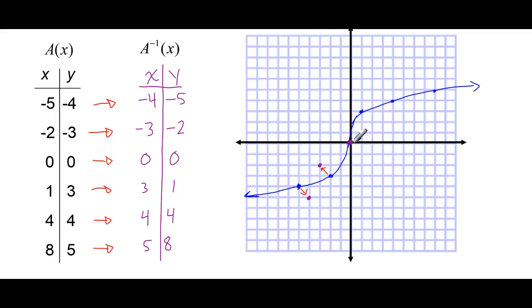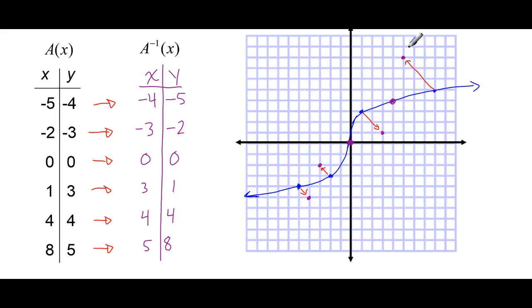And this one didn't move at all, stayed right where it was. 3, 1, that point there moved down over to there. 4, 4 sort of stayed where it was, and then 5, 8 is up there. This point sort of moved up over to there.